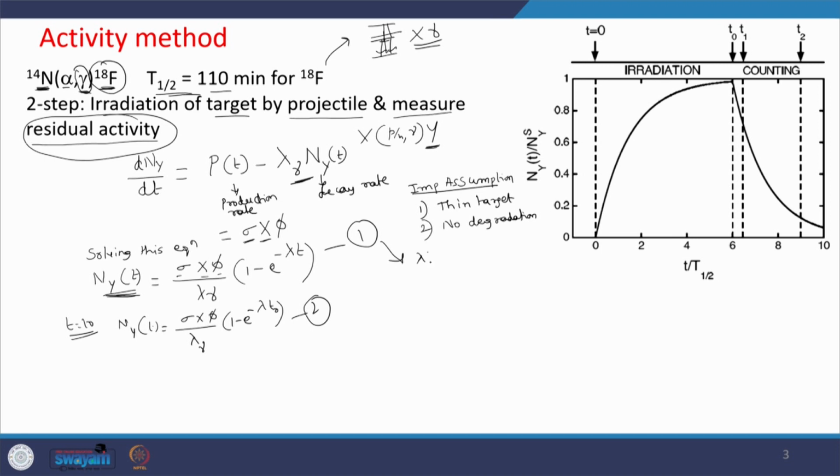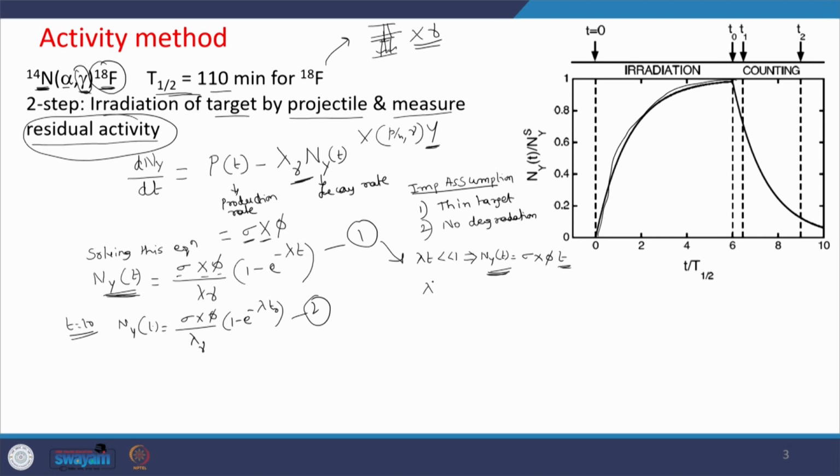If lambda t is much less than 1, then this N_y(t) can be written as sigma x phi into t. You can solve it yourself, it is very easy. So, with time N_y is increasing linearly. In this diagram you can see it is increasing linearly up to a certain time.